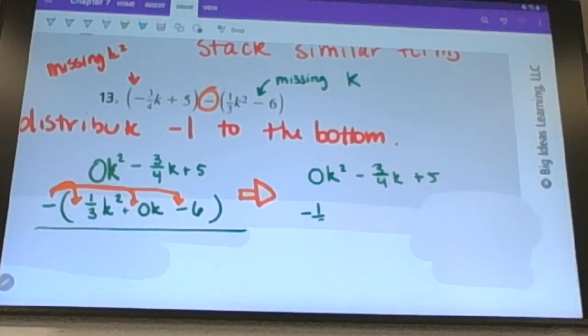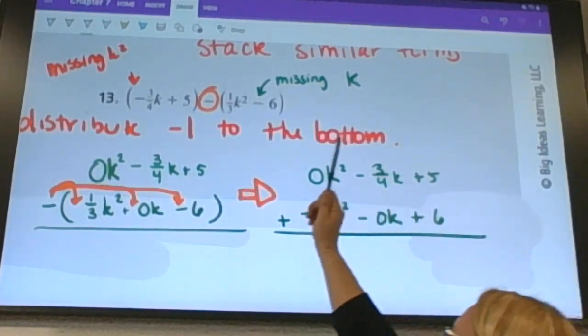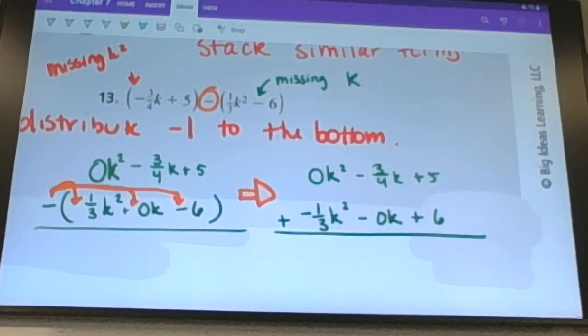This becomes a -1/3 k squared minus 0 k plus 6. Well, that second one goes from k squared and it doesn't have a k to the first, so I just write it in there, or else I'd have to put a blank space there, because you want all the same type terms up and down.